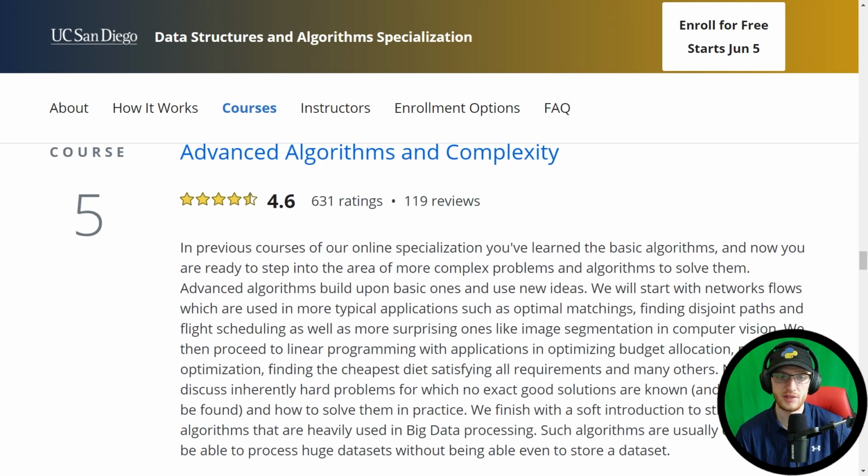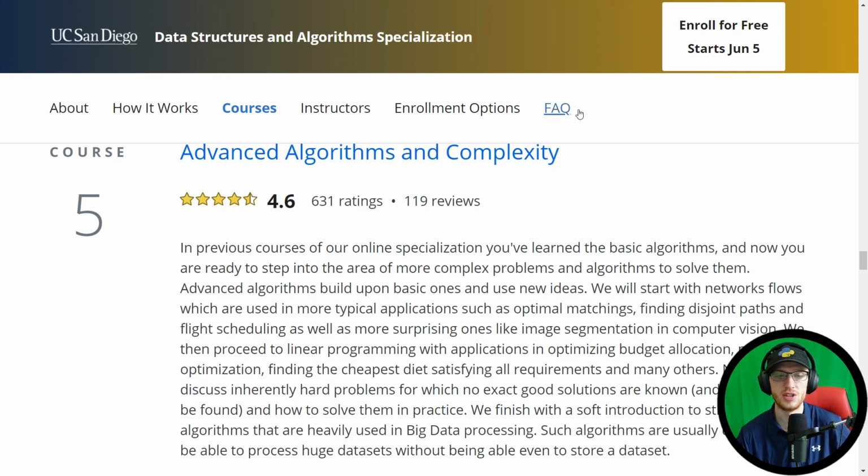Okay, course 5, advanced algorithms and complexity. This is where I start to see a little bit of a drop off, in my opinion, as courses 1 to 4, I'd pretty much consider essential. And from there, you can probably go to LeetCode or HackerRank or whatever kind of platform you want to use to practice a lot and get pretty good at this stuff. Course 5 here, I would say that if you're doing this whole specialization, that you might as well go through it.